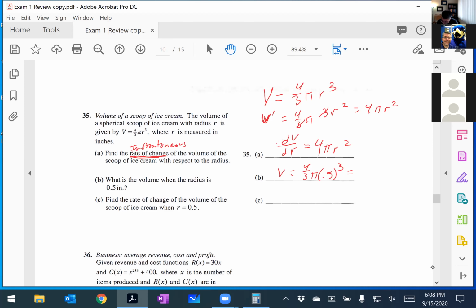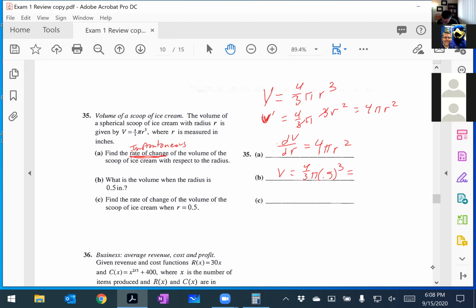Find the rate of change when r is equal to 0.5. So that's going to be my V prime, 4 pi r squared, which equals 4 pi times 0.5 squared. If you used fractions, this would equal pi, because 0.5 times 0.5 is 0.25, and 0.25 times 4 is 1 exactly.